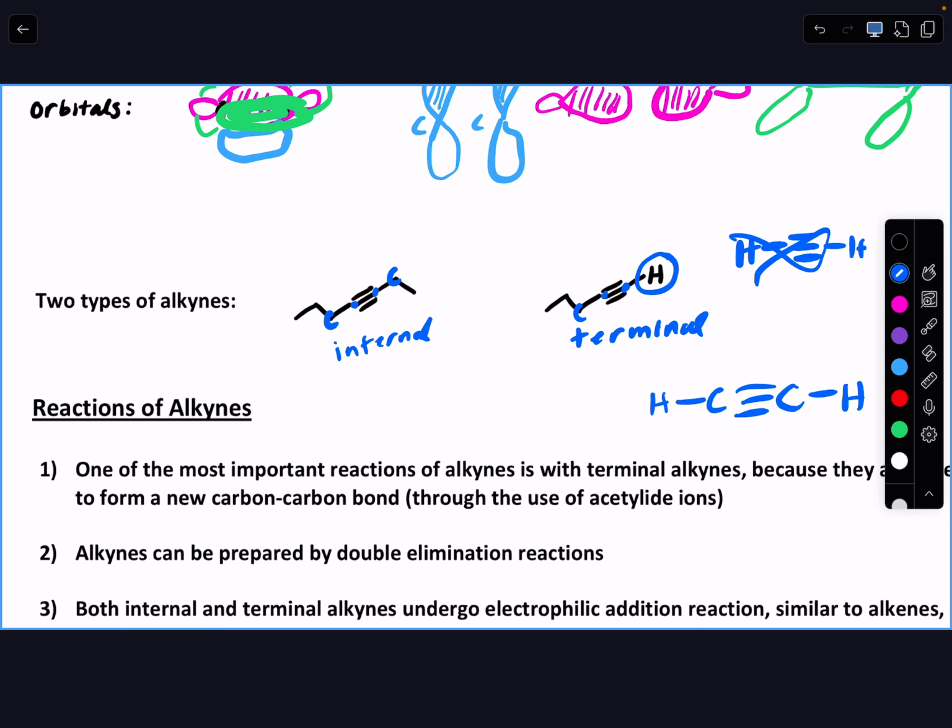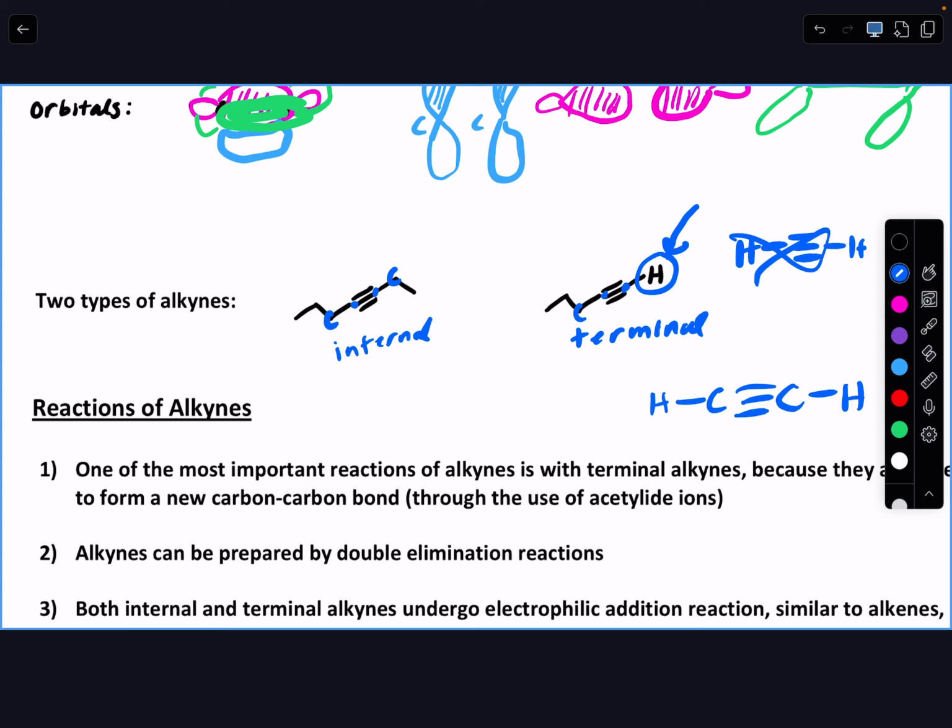Did you guys learn pKa's? Did you put them on your note cards? Anyone remember the pKa of an alkyne hydrogen? I'd be so amazed. Guess? Ooh, that's wildly acidic. 30.